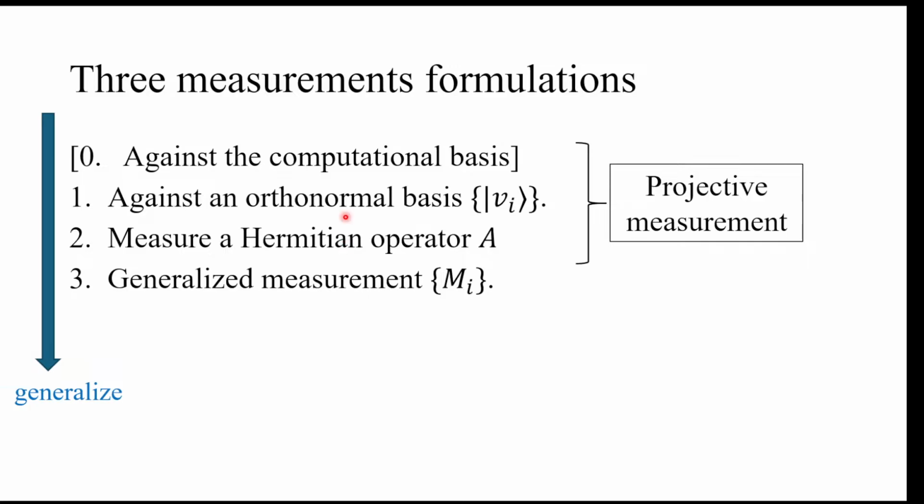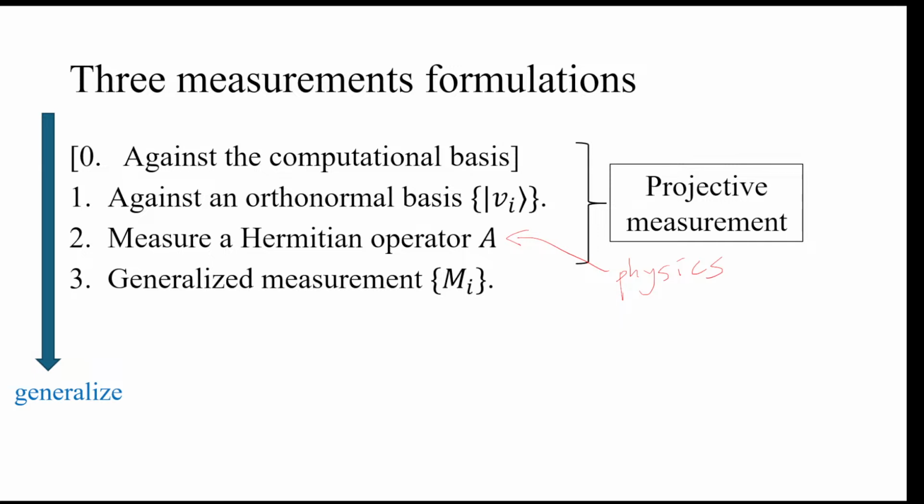Okay, and then there is also a different way that people talk about measurement, which is measuring a Hermitian operator, and this one is more physics oriented. So if you learn quantum mechanics from the physics department, then a lot of the time, most likely you are talking about measuring a Hermitian operator.